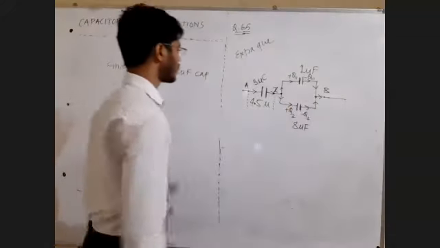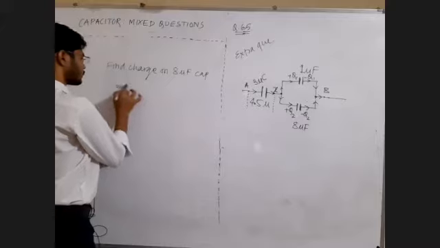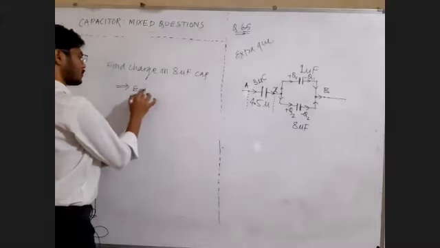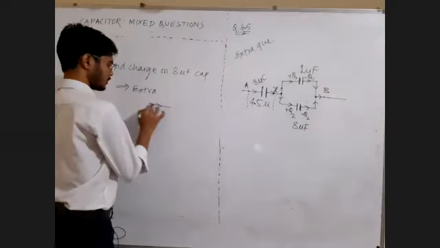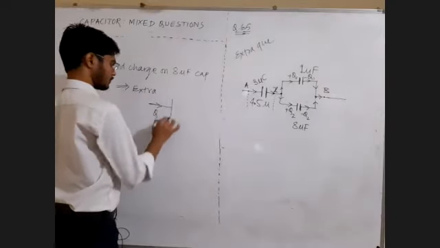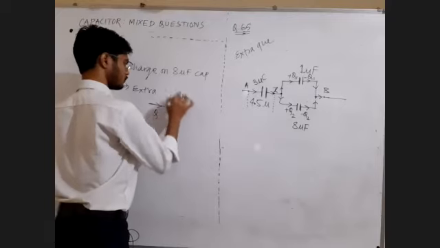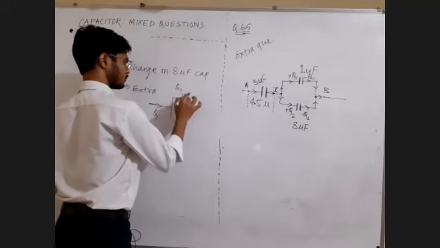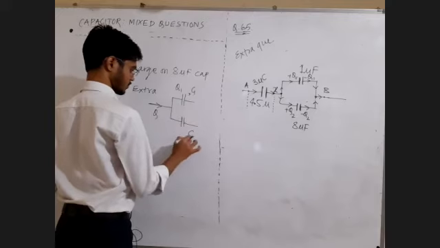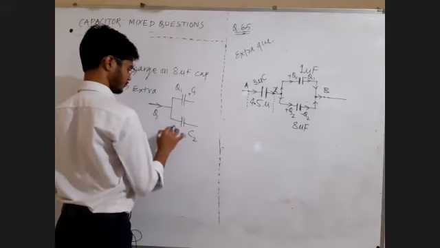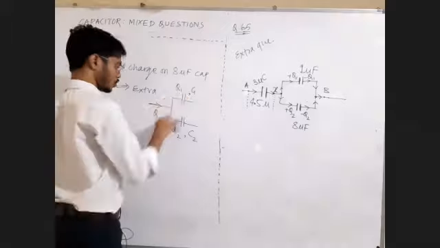Fine, sir. So if I am given something like this, try to understand. Two capacitors in parallel, and I am asked to find out Q1 and Q2 values.